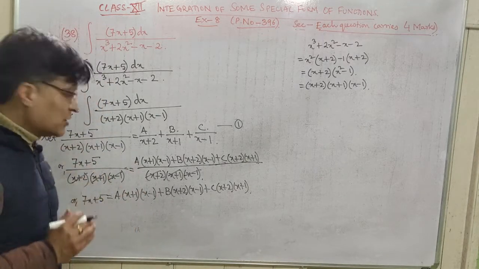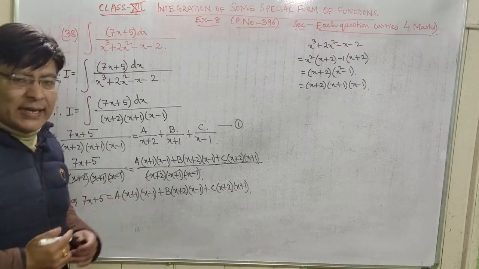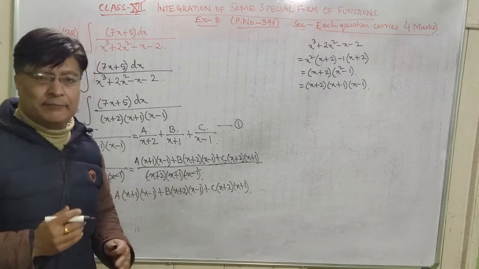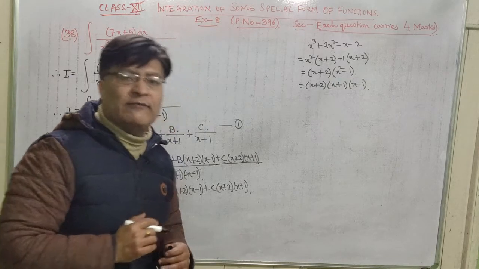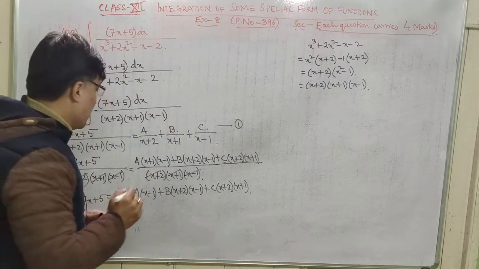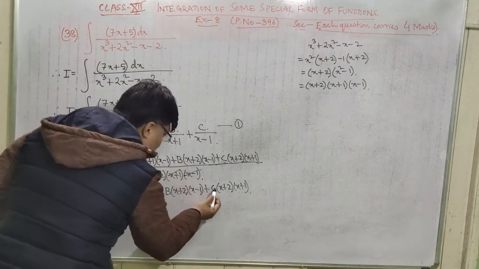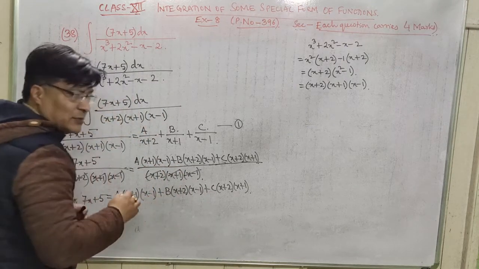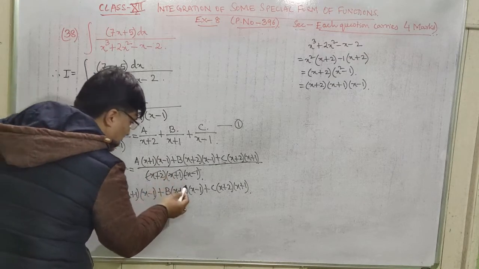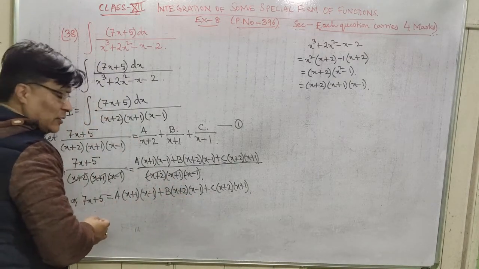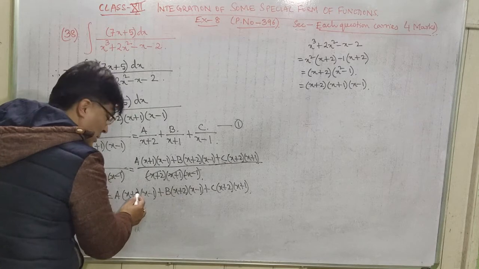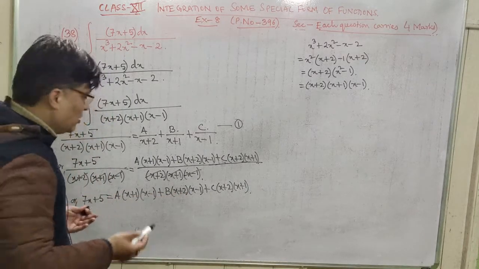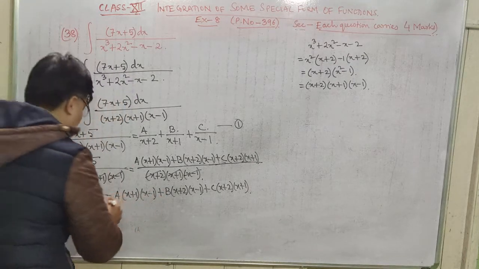From this equation we can easily get the values of the constants A, B and C by putting suitable values of x. In order to get the value of C, we have to make the first and second terms 0. Since x − 1 is a common factor there, if you put x = 1, then 1 − 1 is 0, and 0 into any number is always 0. So the first and second terms will be 0.